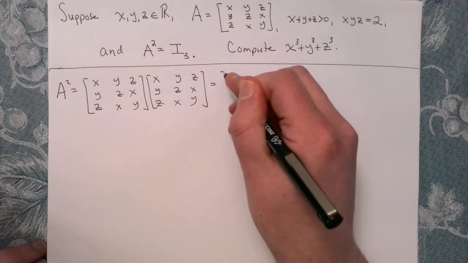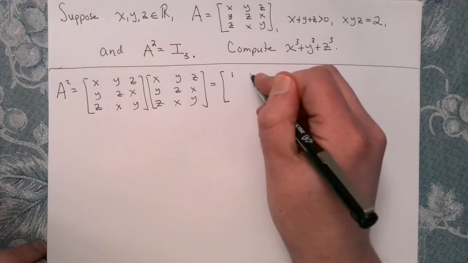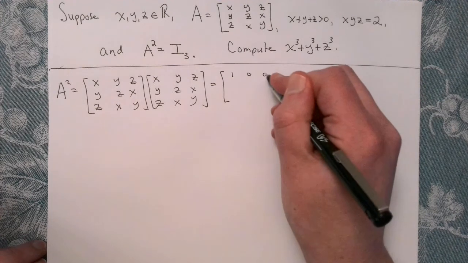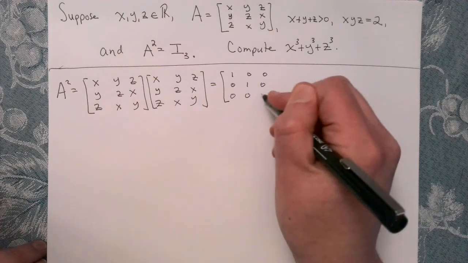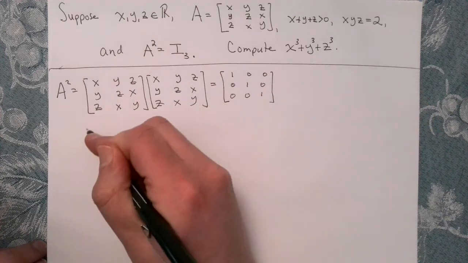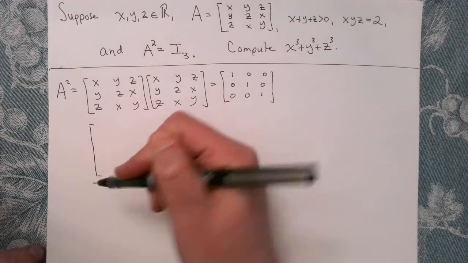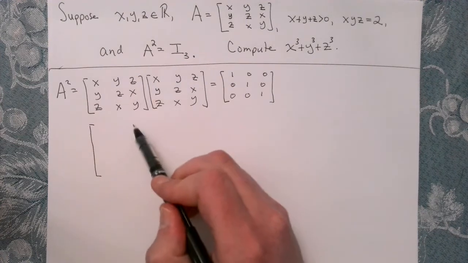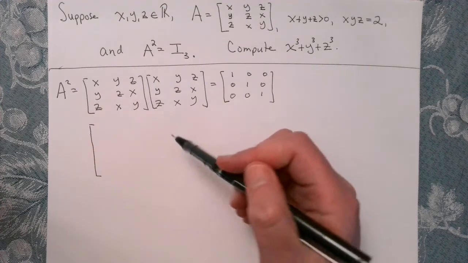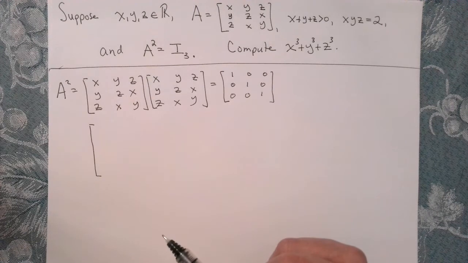Okay, and we said that equals the 3 by 3 identity. So I want to look at, in the product matrix, the upper left entry and then the upper middle entry. That's going to give us at least something to work with.